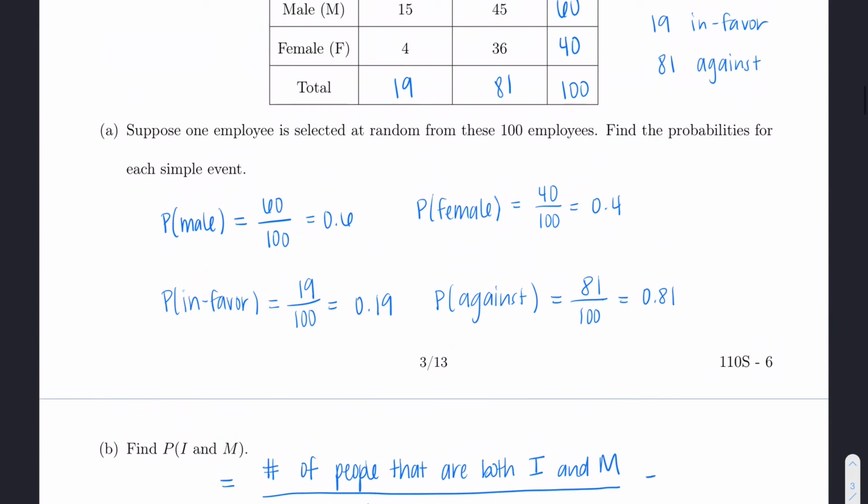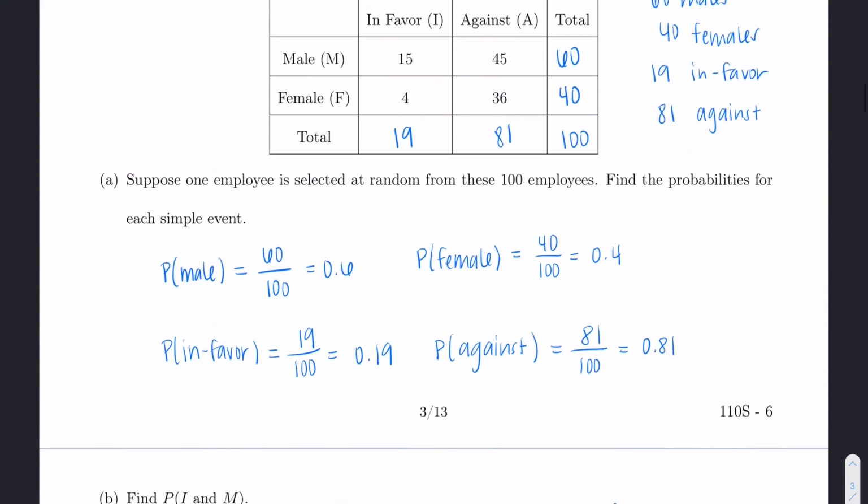Because I'm choosing out of everybody, what's the probability that one of them is both in favor and male. Later on, when you see the word and, we're going to have a formula for solving these. But when you're given a contingency table, what you can do is just look at the intersection. I'm going to highlight the column. How many people are in favor? How many people are male?